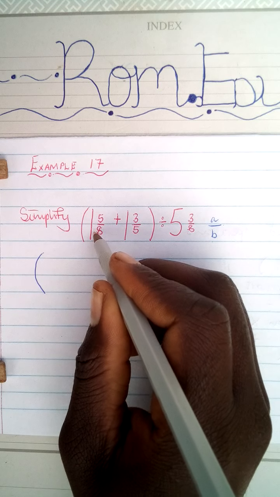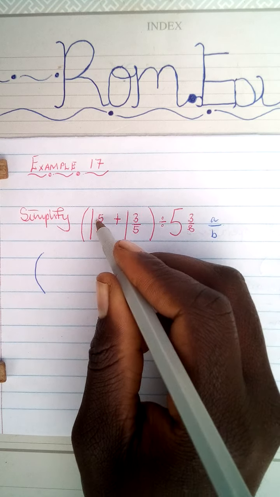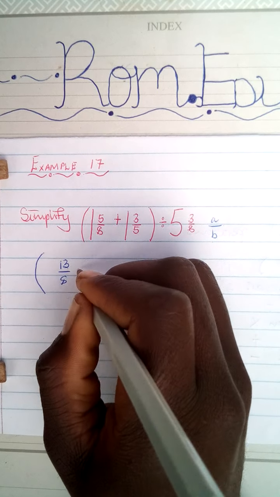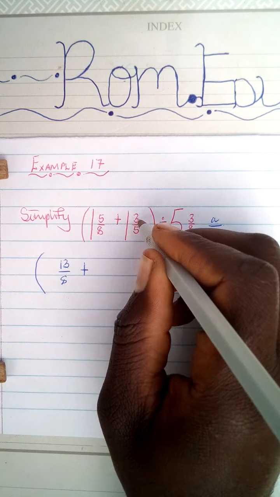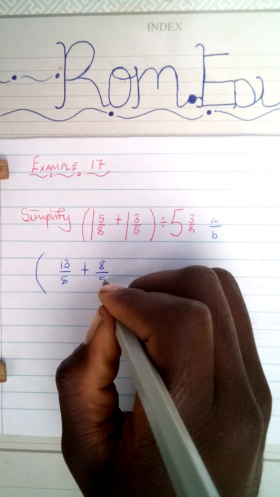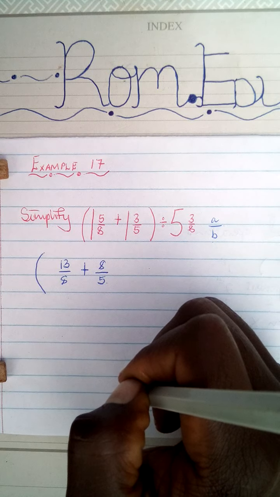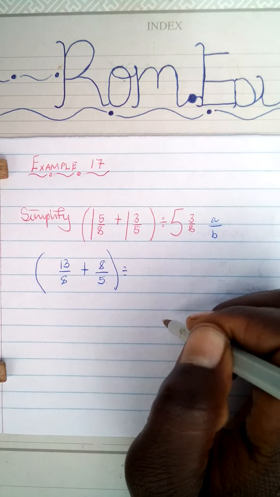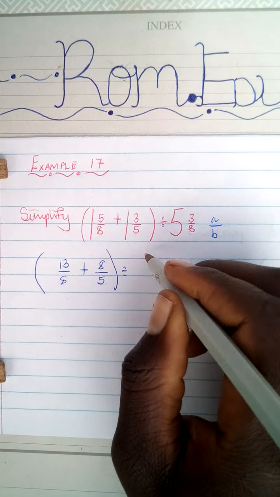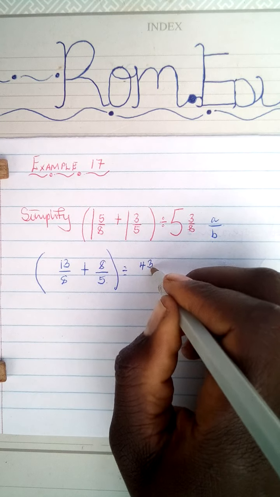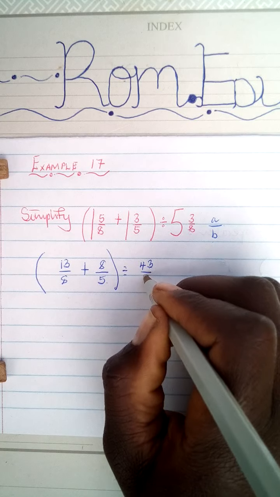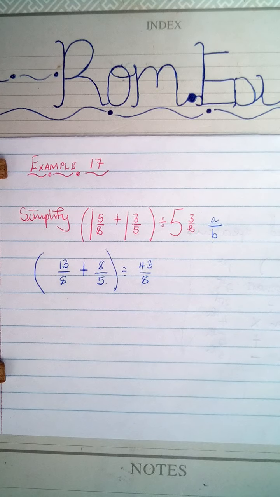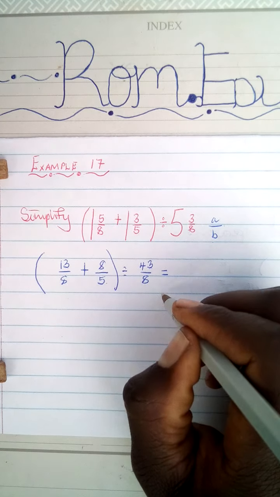So now I am going to make sure that I change everything into the form A over B, which is going to give me 8 times 1 plus 5, that's 13 over 8, plus 5 times 3 plus... that's 8 over 5 there, right? Divided by 8 times 5, I'm going to get 40. That one is going to be 43 over 8, right? So now I simplify anything inside the brackets, right?